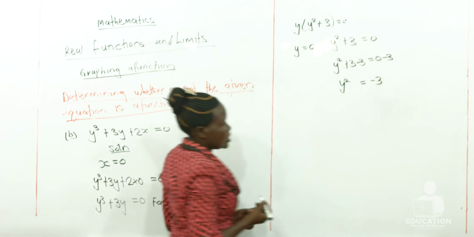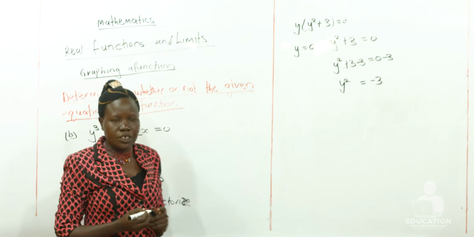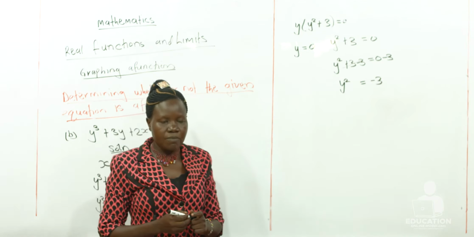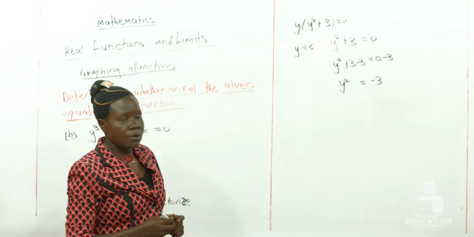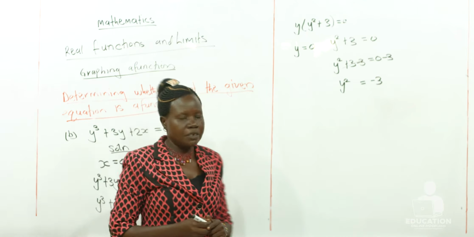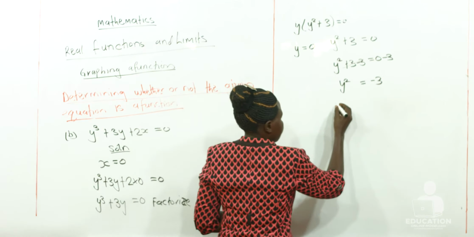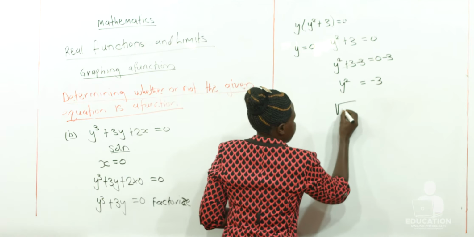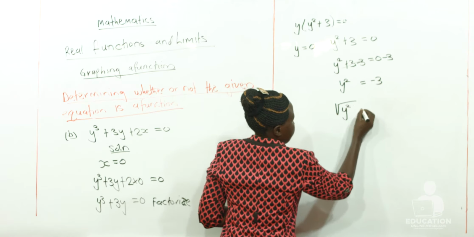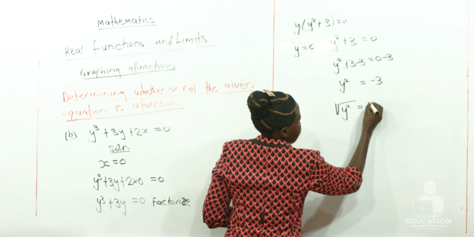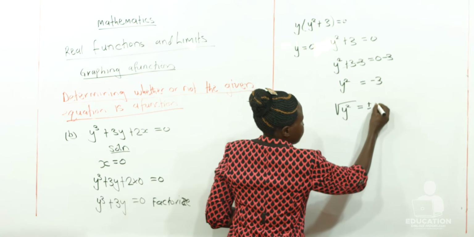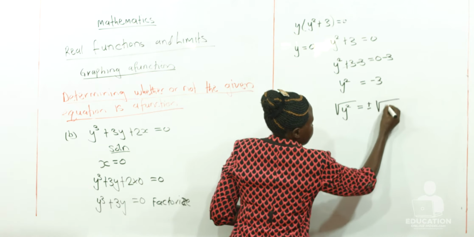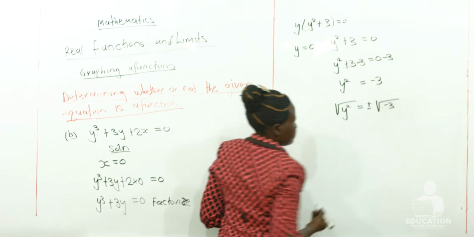And we said that any variable which is in a square form, for you to get the variable alone, you have to root both sides. So we root the y square, and we expect the two roots, that is positive or negative root of what? Root of negative 3.